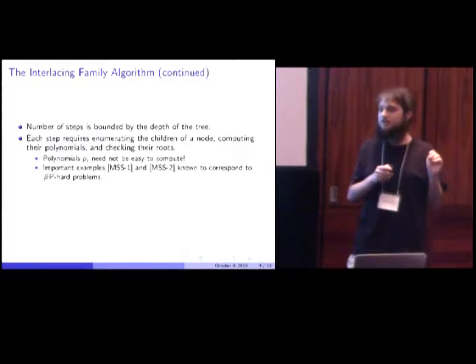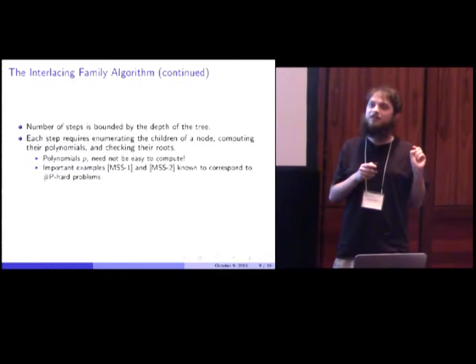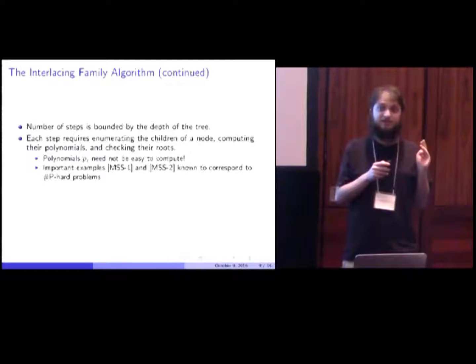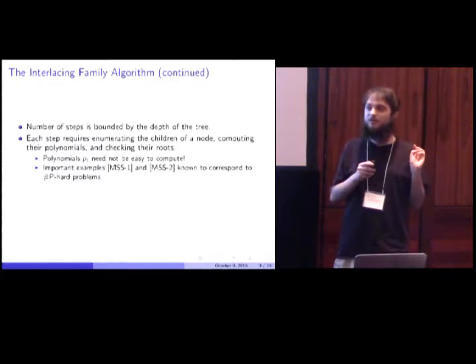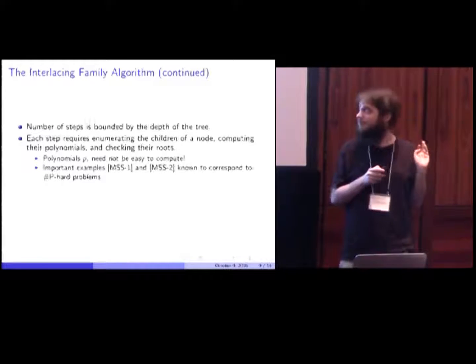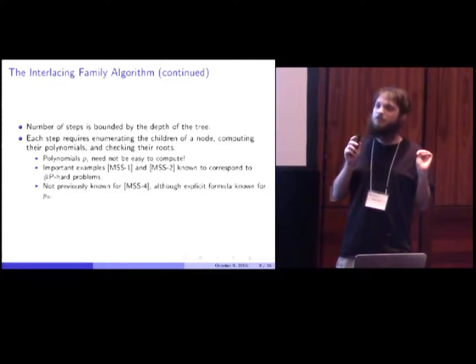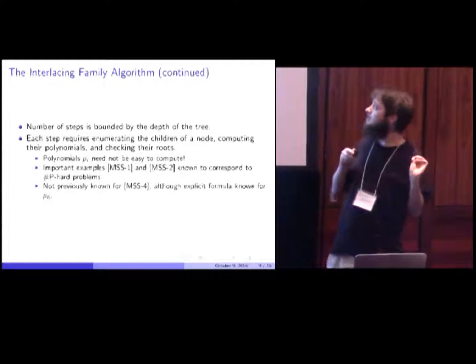Their polynomials include matching polynomials as a special case, and matching polynomials are known to be hard to compute. So there's no hope of exactly computing the corresponding polynomial at an arbitrary position on the interlacing family tree. And until this work, there was no known way to compute the corresponding polynomials for the MSS4 paper, the other Ramanujan paper, either.